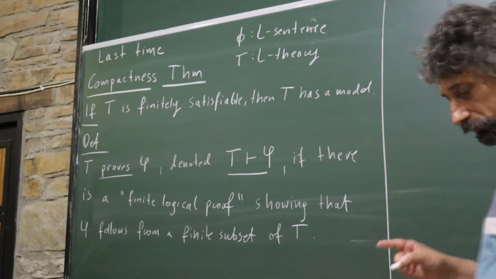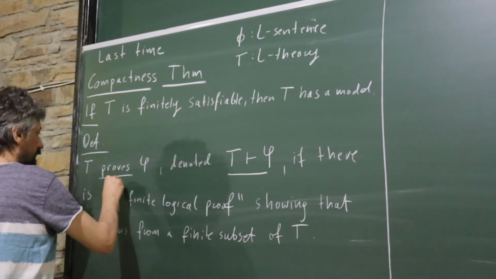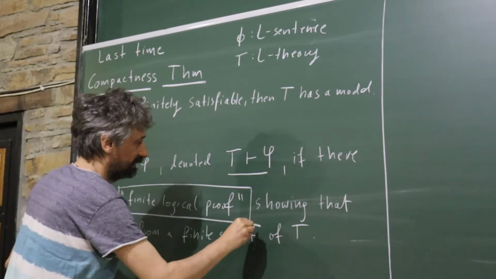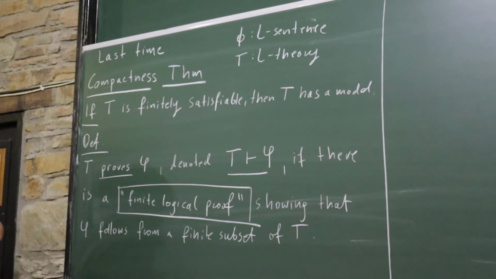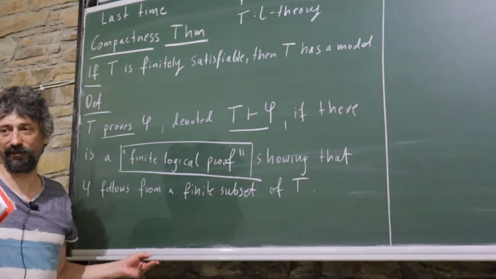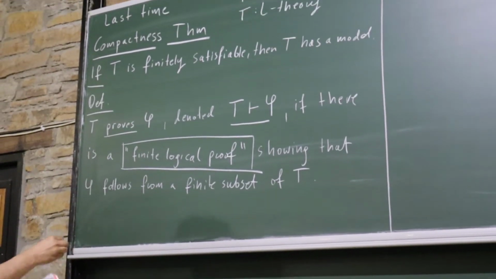It's just pure logic. So this finite logical proof in fact means that there is a list of legal logical arguments which we can use to derive some sentences from other sentences.